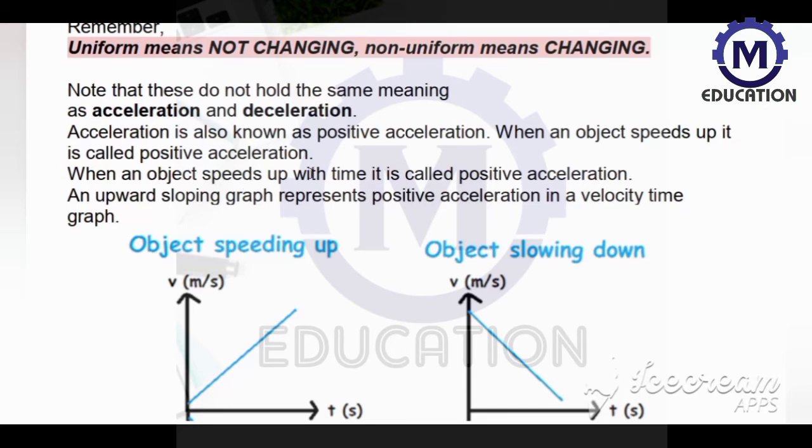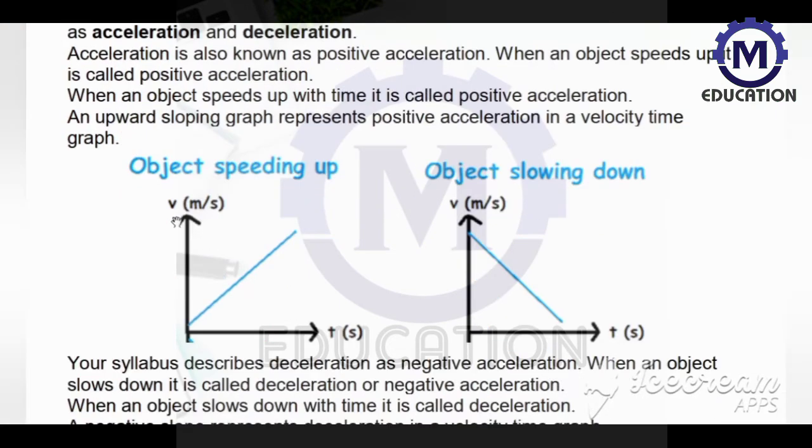When an object speeds up with time, it has positive acceleration. An upward slope represents positive acceleration in a velocity time graph. This object is speeding up, so it has positive acceleration. Its velocity with time is continuously increasing.